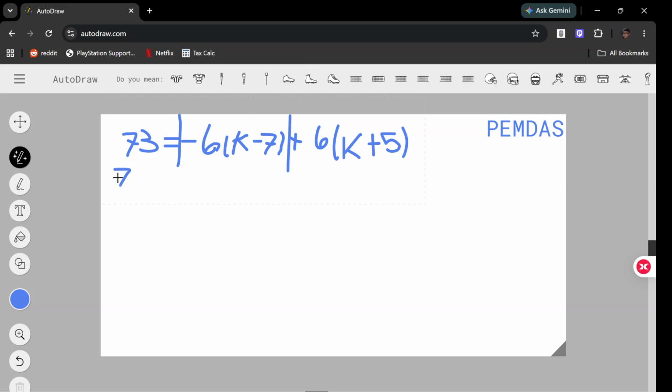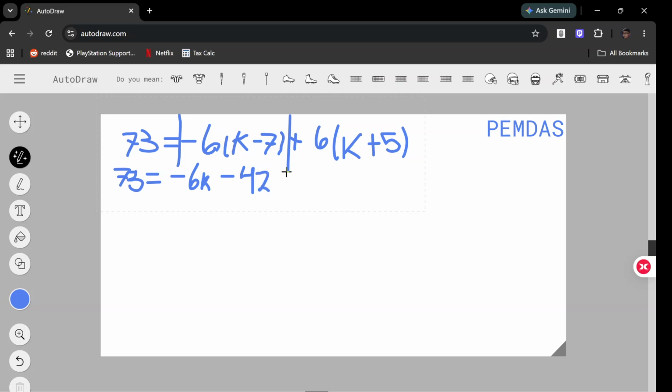So to do 73 equals, okay, now let's think about this. Negative 6 times k, well that's just negative 6k. Negative 6 times 7, well we know that to be 42 because 6 times 6 is 36 plus 6 is 42.